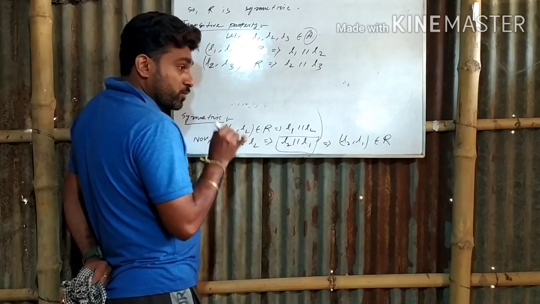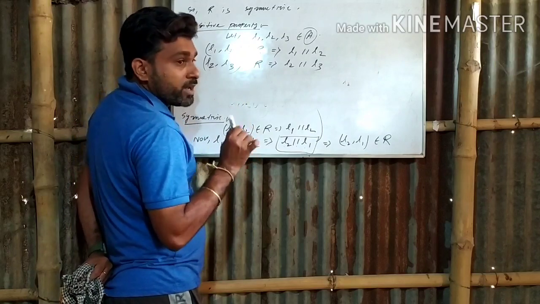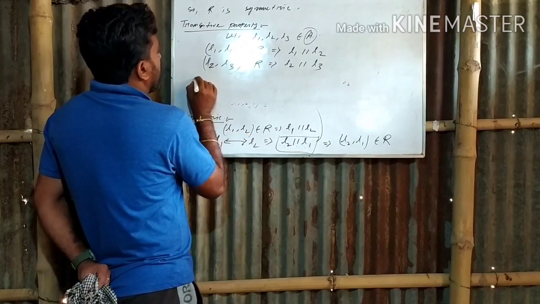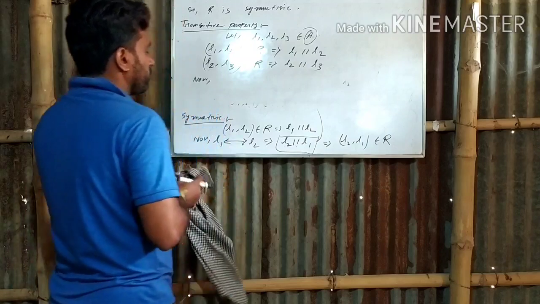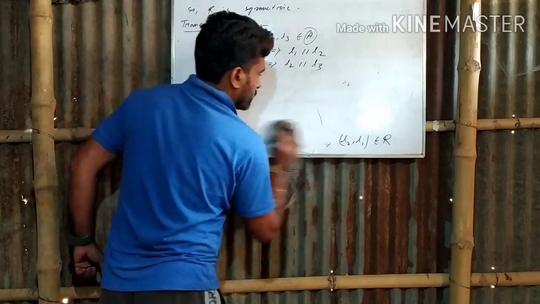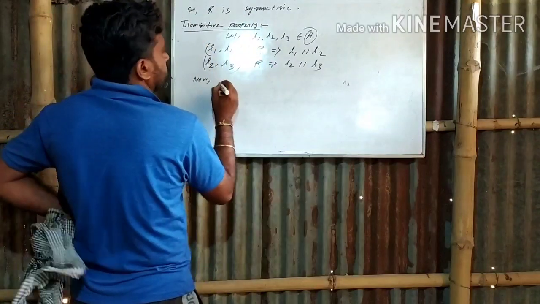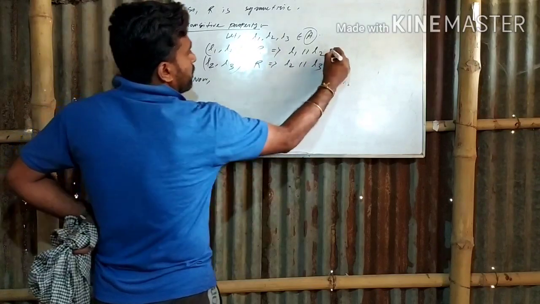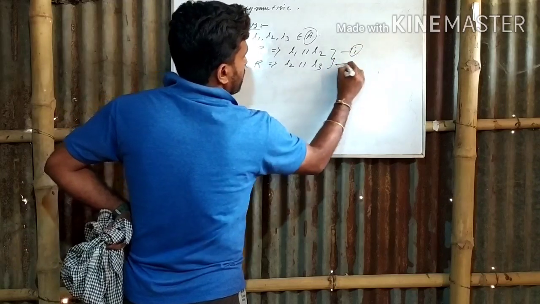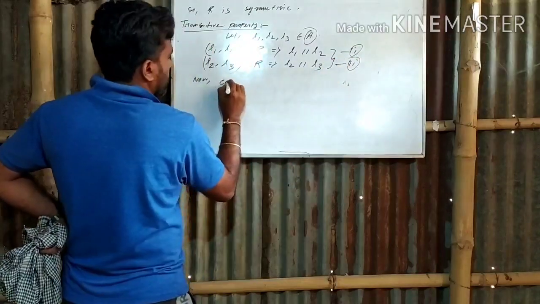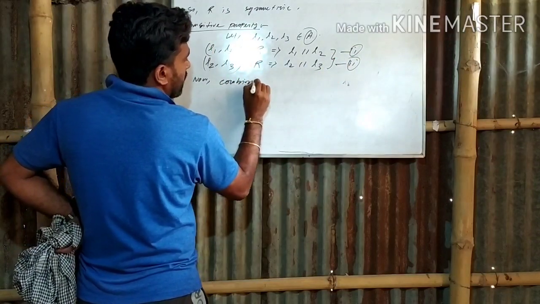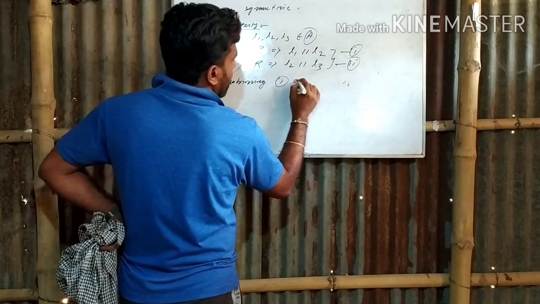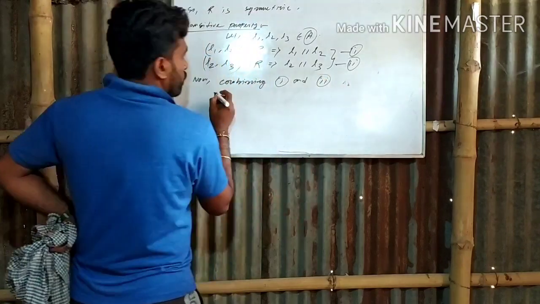We have to prove there is a relation between L1 and L3. Now combining these two, this is equation number 1 and this is equation number 2. Combining equation 1 and equation 2, what can I write?